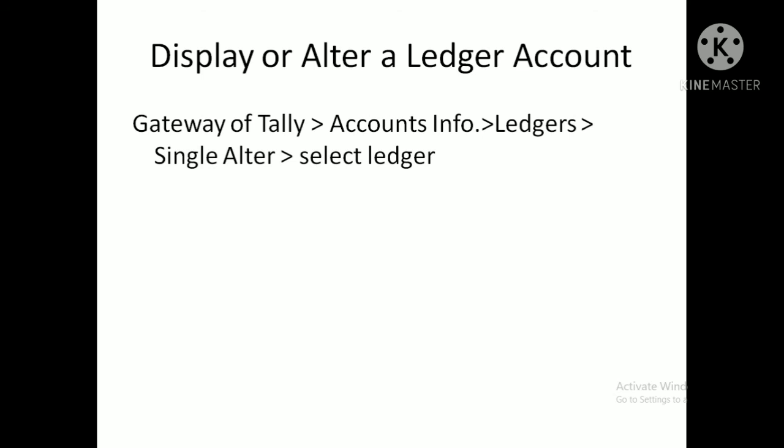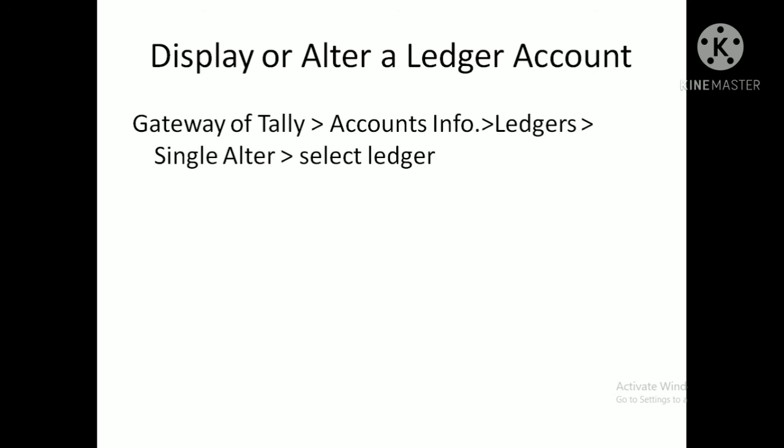For that we use this command, that is our syntax: go to the Gateway of Tally screen, or press Alt F3 to get the screen. Then select Accounting Information, and from that select Ledger. From the ledger, select the alter option. When you select the alter option, you will get the list of ledgers. Very important, the list of ledgers.